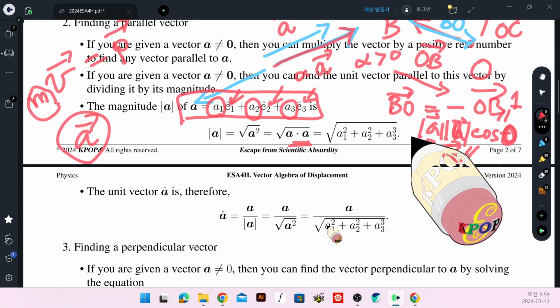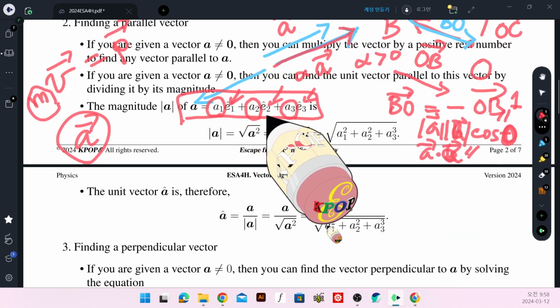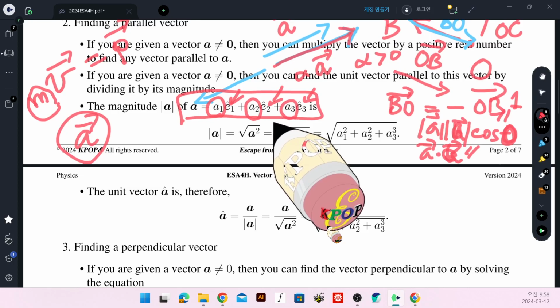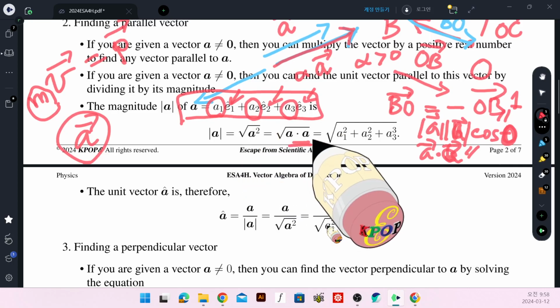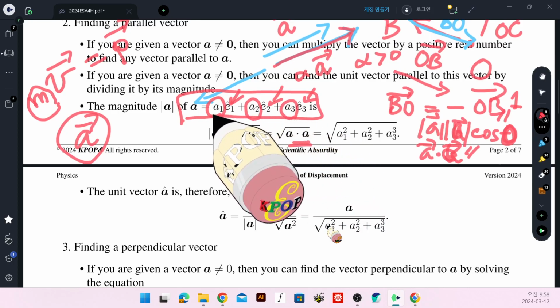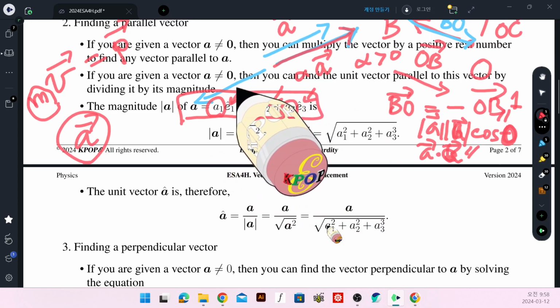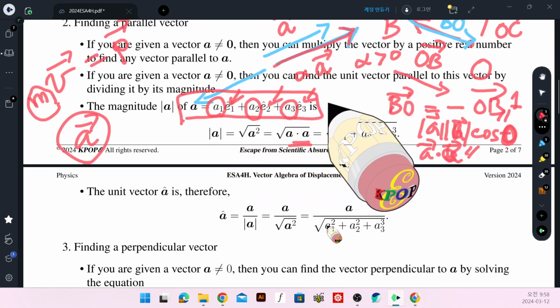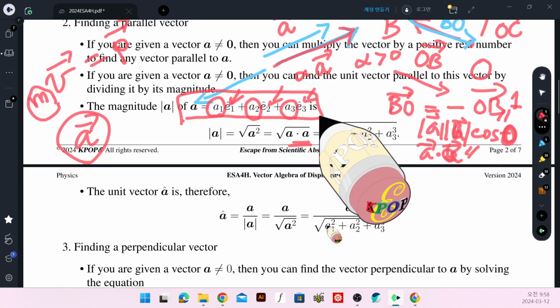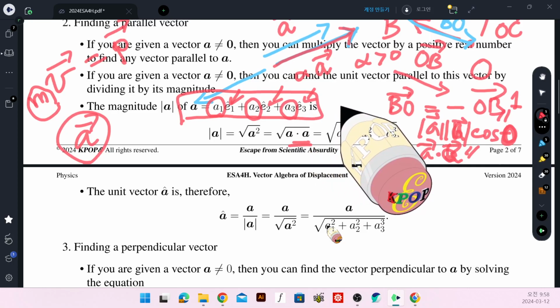We already know that every unit Cartesian basis vector is perpendicular to the others. So A dot A has the contributions of E1 squared, E2 squared, E3 squared. That is due to the Pythagoras theorem.